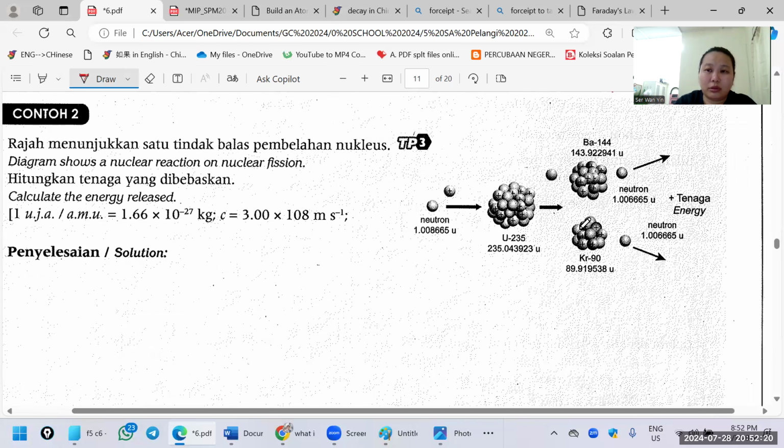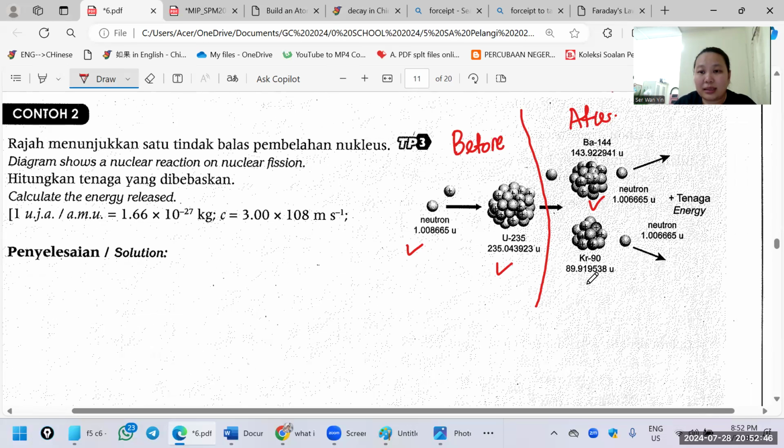So you can see actually before the nuclear reaction is 1 neutron plus 1 uranium. This is before. So you add these two masses minus after. So remember, before minus after.